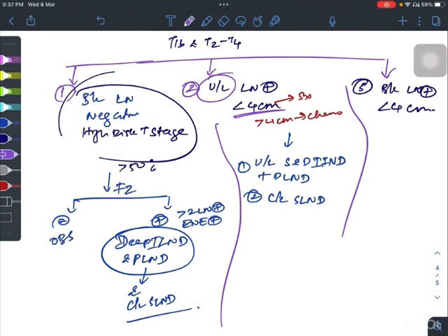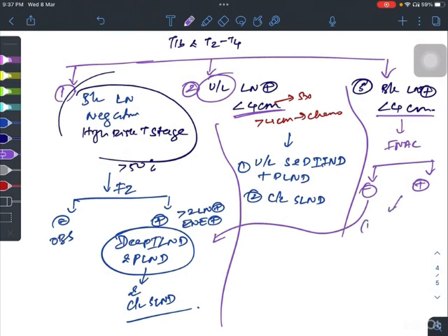here bilateral lymph nodes are positive and it is less than 4 cm. Bilateral nodal involvement is very rare. For that we will do a FNAC. If the FNAC report comes out negative, we will follow the same algorithm as for bilateral lymph node negative. If the FNAC is positive, there are 2 options.